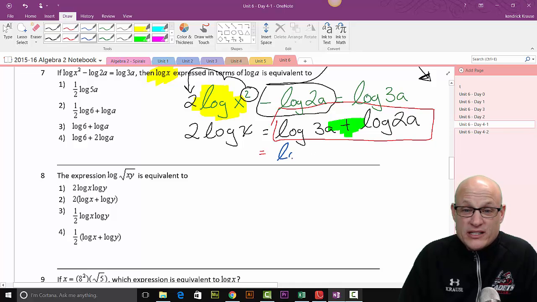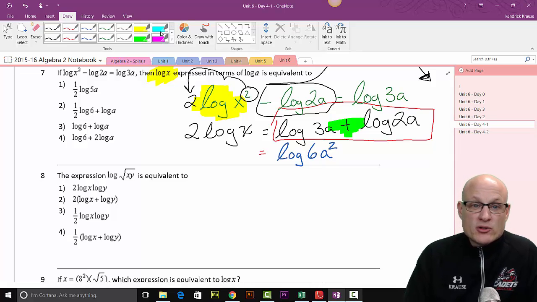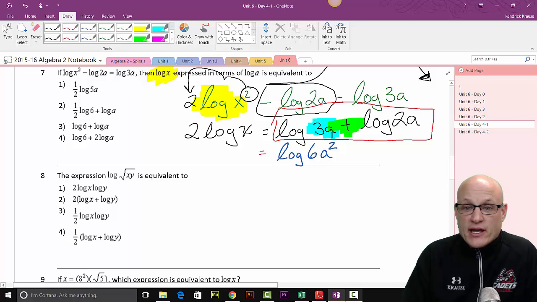So this is really equal to the log of 6a squared. Remember, this is multiplication. So what am I multiplying? I'm multiplying 3a times 2a, and I got 6a squared. If I was splitting it up, I could certainly split it up. 3a here and 2a there. Okay. But I've written really big.